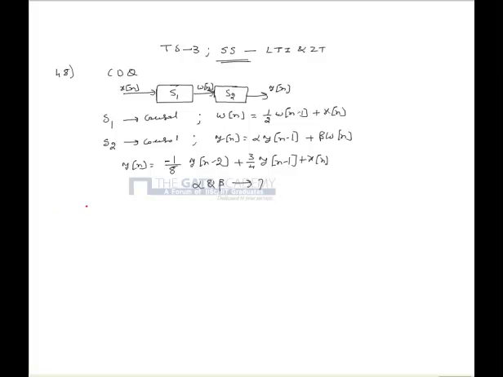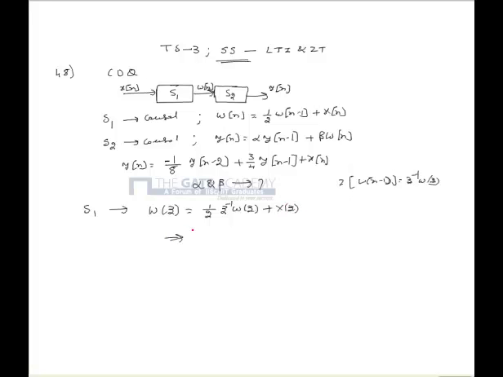We know that for the system S1, the system function can be obtained by taking the Z transform on both sides. Thus, W of z is equal to half z inverse W of z, because the Z transform of w of n minus 1 is equal to z inverse W of z, plus X of z.